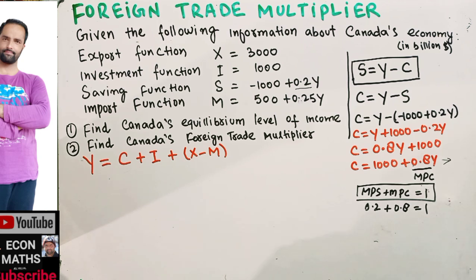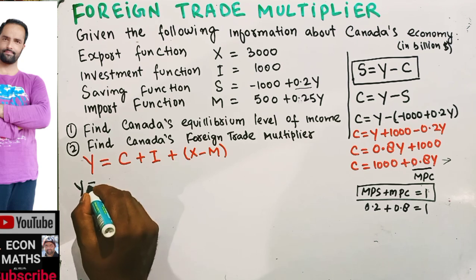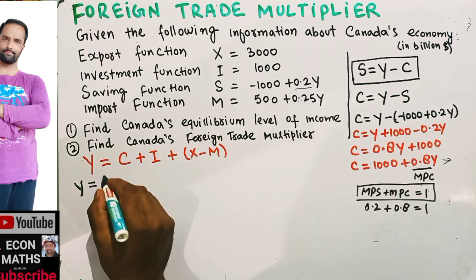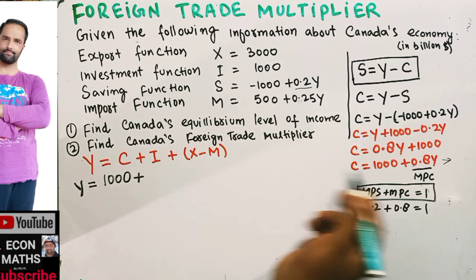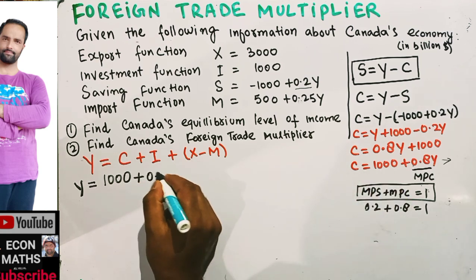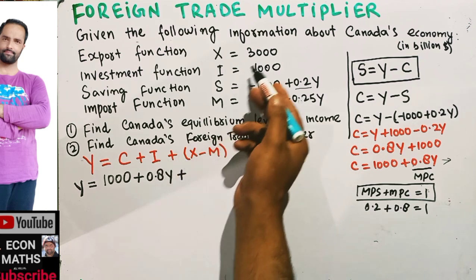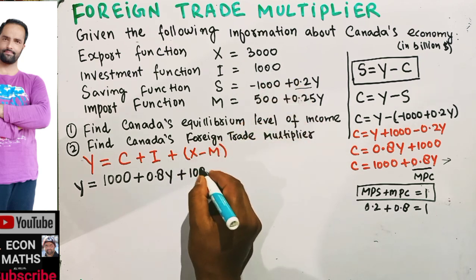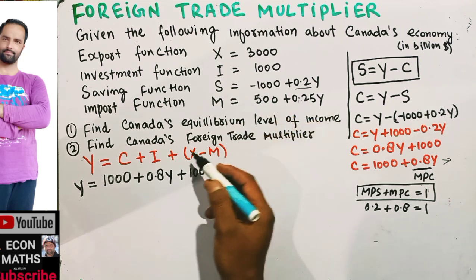Now we can find out the equilibrium level of income. So our y will be equal to the consumption function, 1,000 plus 0.8y, plus our investment, which is autonomous, $1,000, plus x minus m.